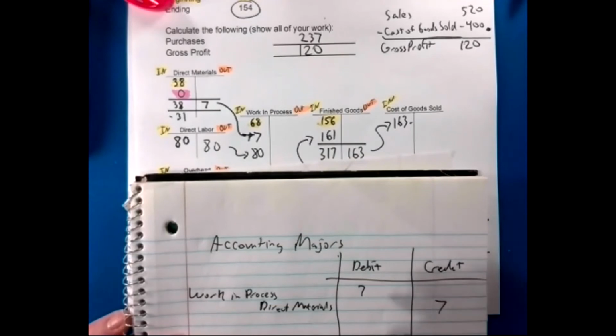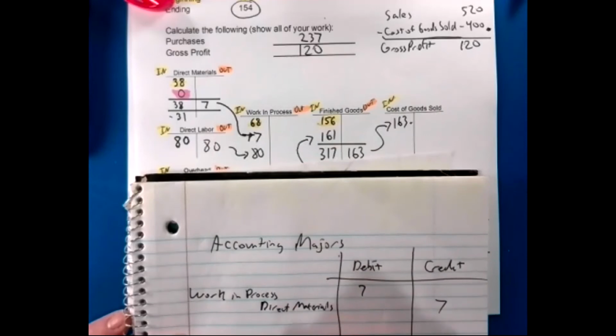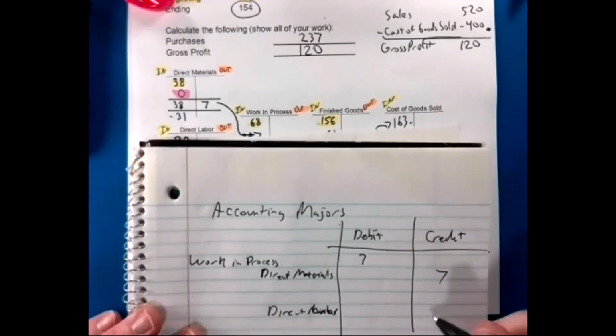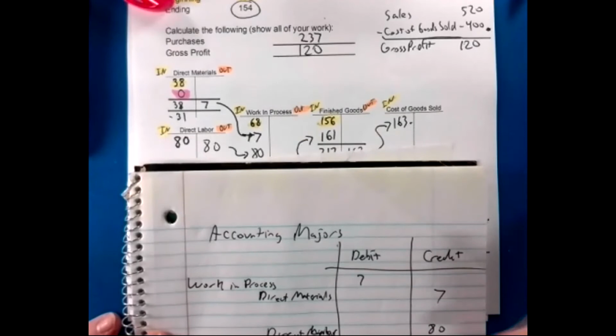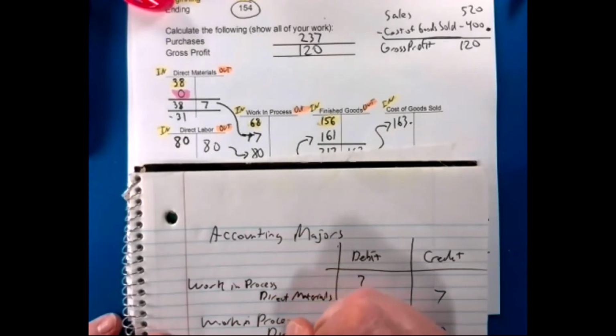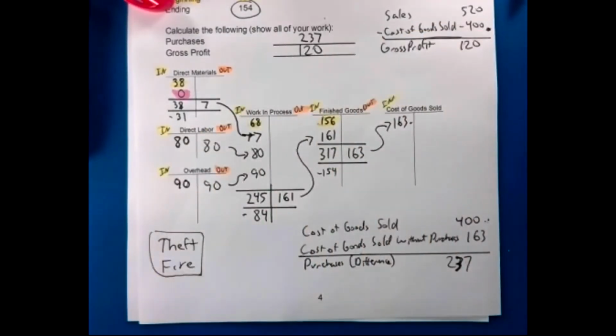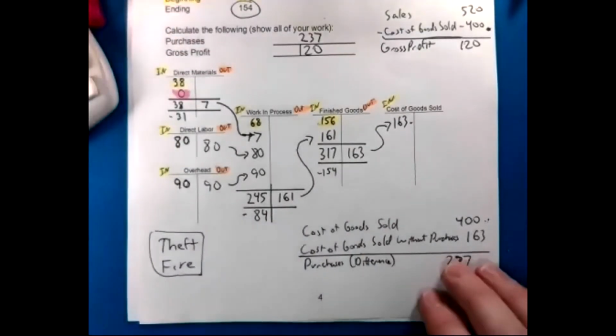If you're not an accounting major, you're probably not going to run into this at all. Well, you might do a little bit of it if you're in manufacturing. But wherever there's an arrow is going to be a journal entry. So direct labor would be 80, work in process 80, and so forth. Not an accounting major, you don't have to worry about that.